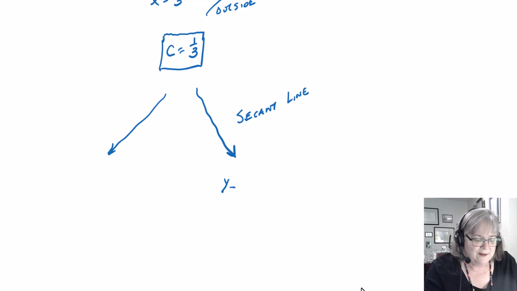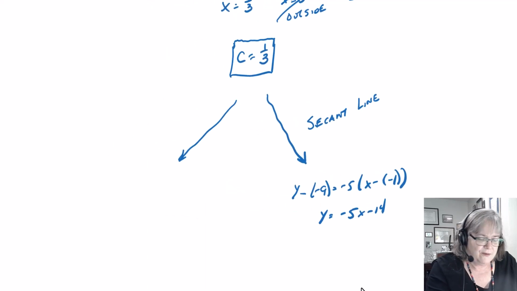Okay, so I use this one because I thought the math would be easier. So y turned out to be -5x minus 14. And then for the tangent, so see, these two should be parallel.